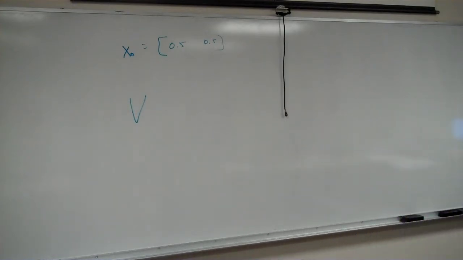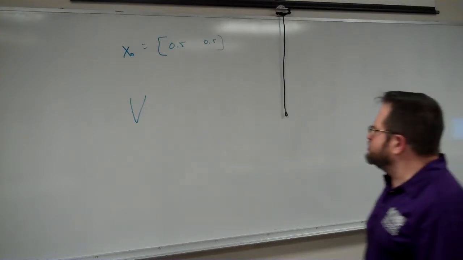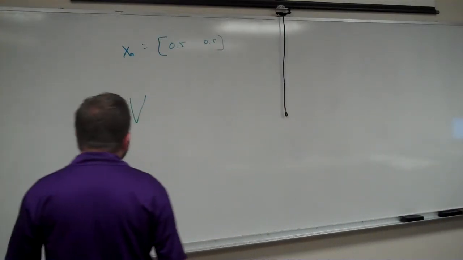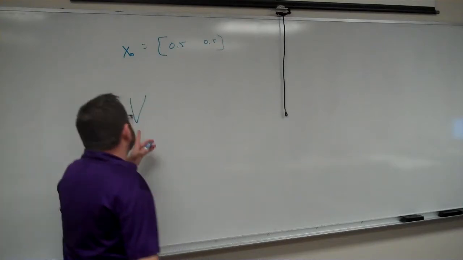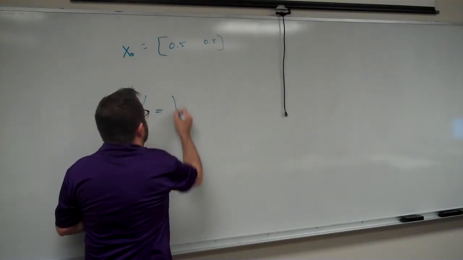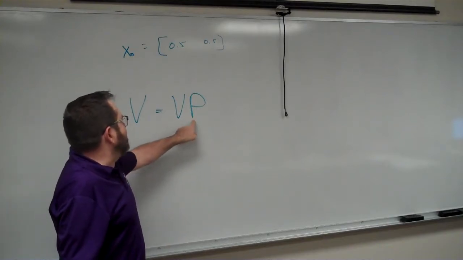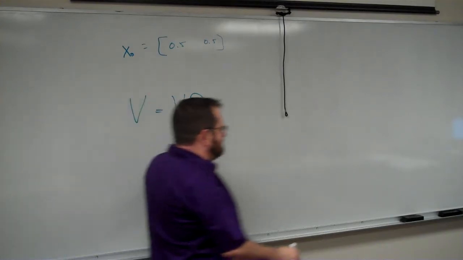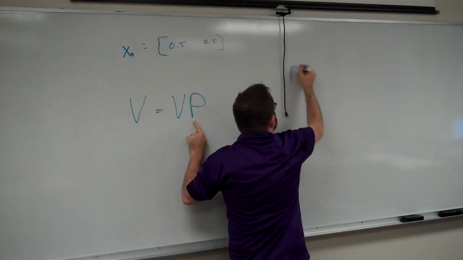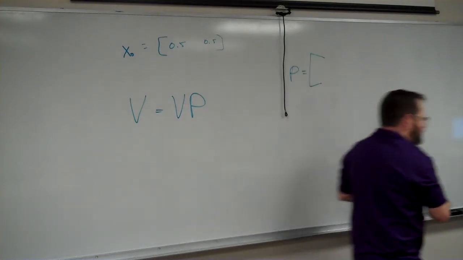After a certain number of iterations or generations, as many links in your Markov chain as you've got, we will eventually get to some equilibrium. And that equilibrium vector has the interesting property that V equals VP. In other words, multiplying it by our transition matrix, which is given in the problem, gives back V.